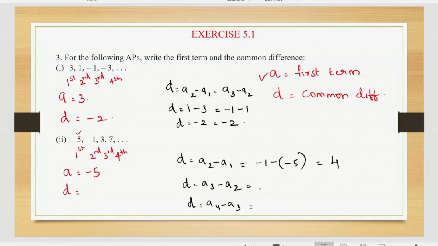Now for the next two terms, A3 minus A2: A3 is 3 minus A2, which is -1. This is 4. And for the next two terms also, you will get the common difference as 4. So the common difference is 4. Clear?